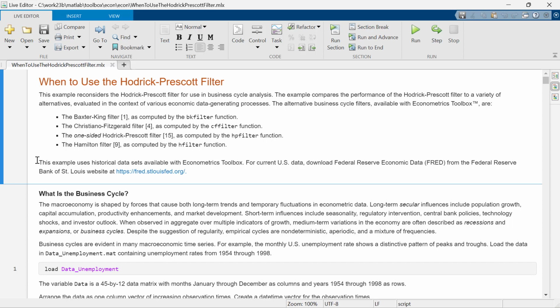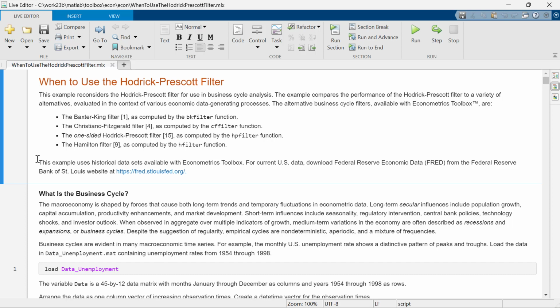Also, just to note that the data that we'll use for this example are data sets that ship with the Econometrics Toolbox. They're historical data that we put in the toolbox for people to calibrate their models and do prototyping of whatever work they're doing.